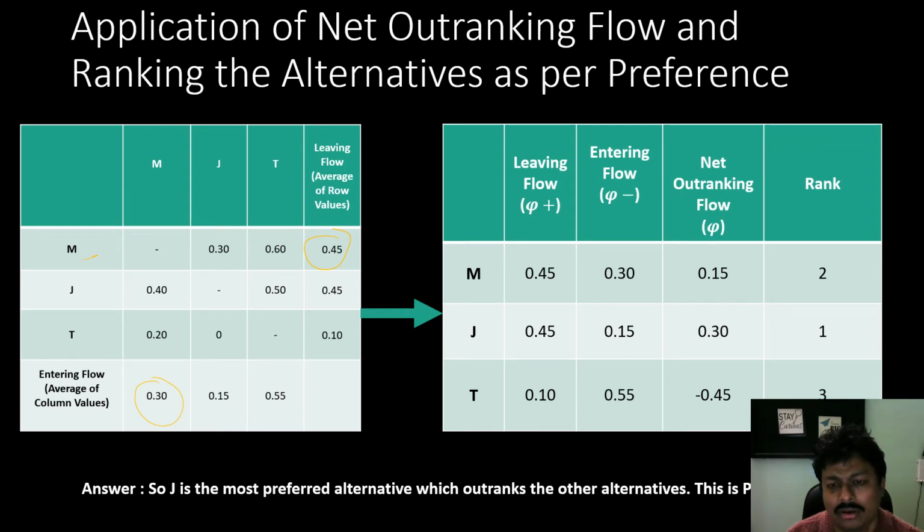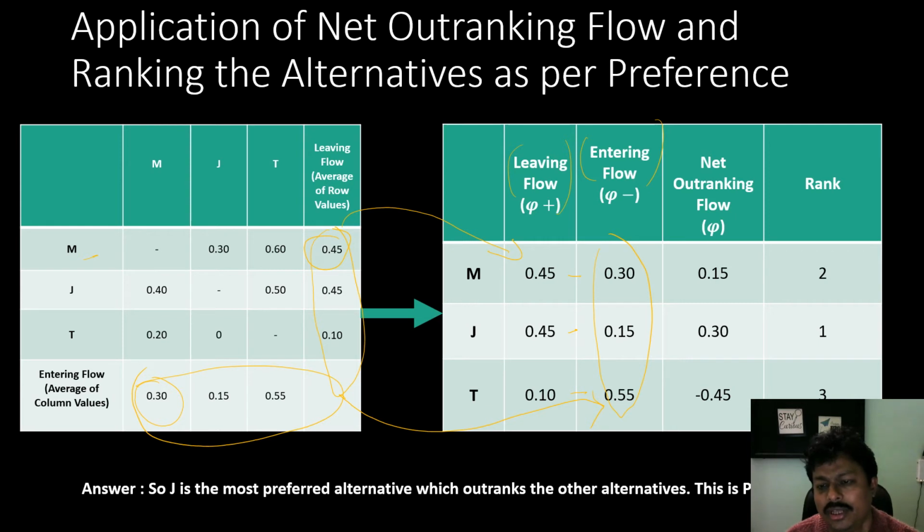So here, the leaving flow of all the alternatives is placed, and here in the entering flow column, the entering flow of all the alternatives is placed. Now what you do is, you deduct the entering flow from the leaving flow. That means 0.45 minus 0.30, 0.45 minus 0.15, 0.10 minus 0.55.